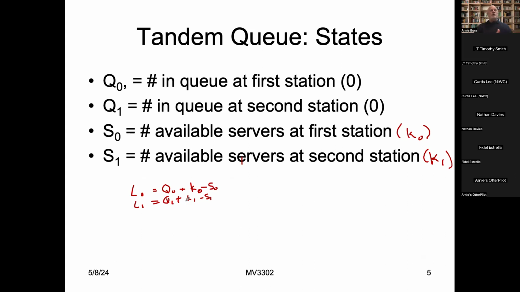In this way of doing things, the Q's and the S's are essential, but the L's, the total numbers, are derived, and so they're redundant. For small models like this, it's not the worst thing in the world to add them in. But in general, particularly when you get to larger models, explicitly putting redundant states in usually messes things up.